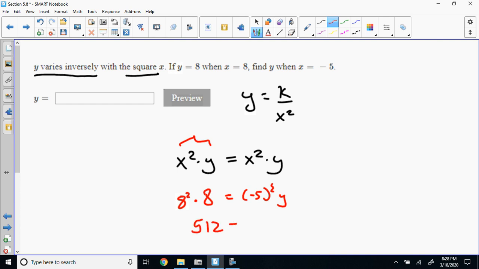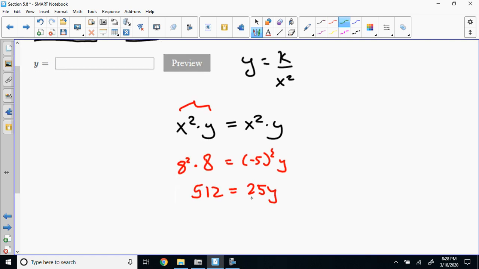So that's 512 equals 225y. If we divide by 25, that gives me a fraction, and I don't need a fraction.